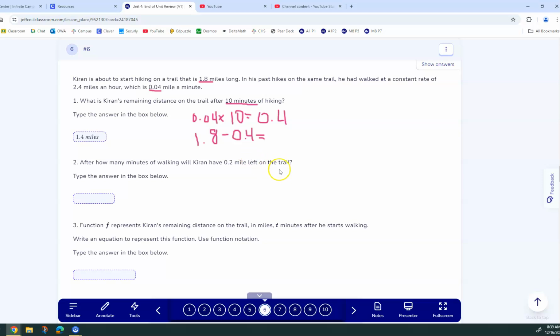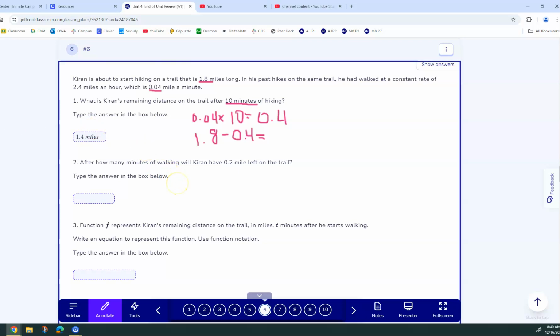So if he's got 0.2 miles left, then 1.8 minus 0.2.